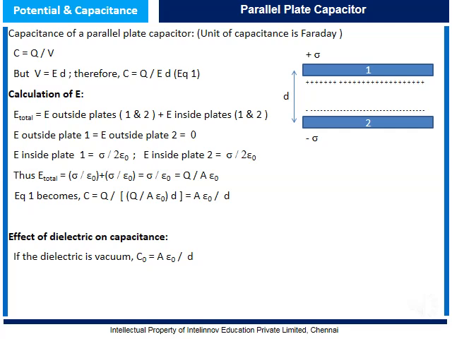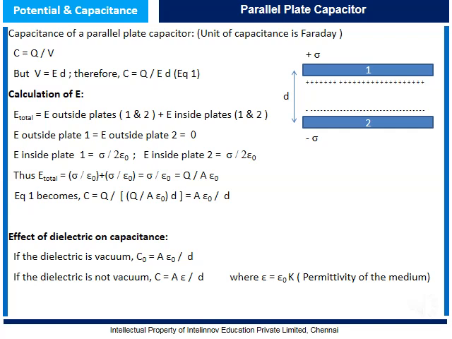However, if the dielectric is not vacuum, then C is equal to A epsilon by D, where epsilon is equal to epsilon naught K, which is nothing but the permittivity of the medium. Here K is called the dielectric constant and K can be given by C by C naught. Let us remember, for vacuum the dielectric constant K is equal to 1.